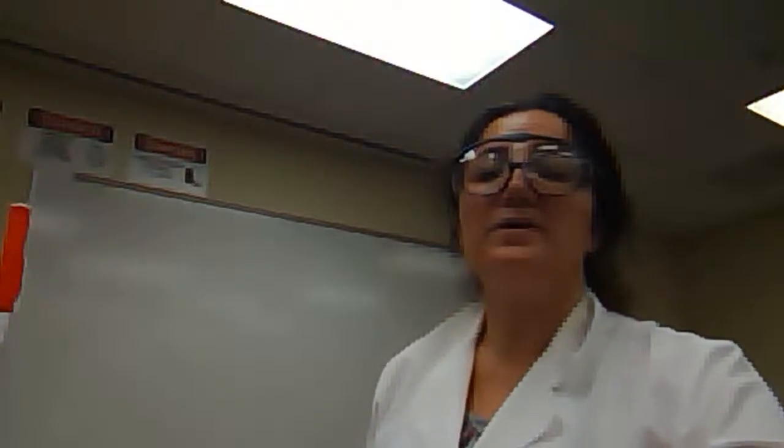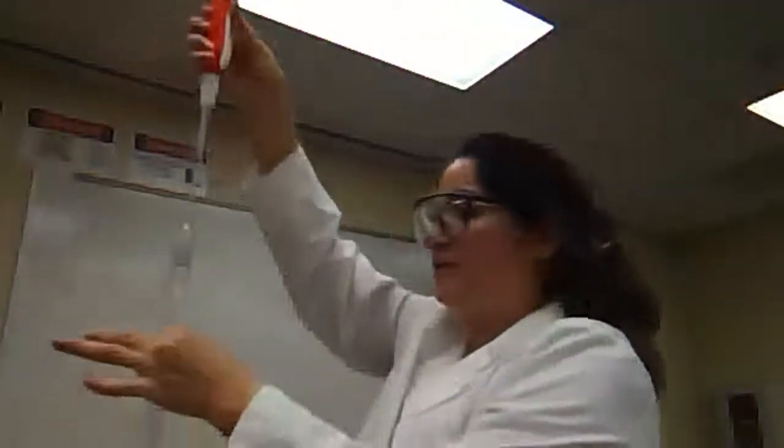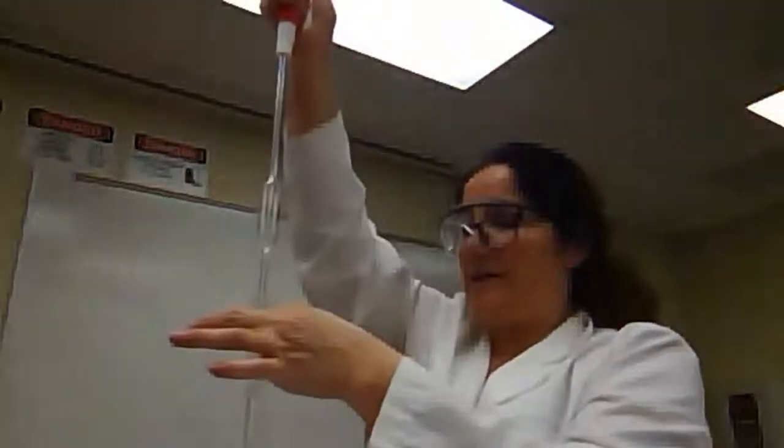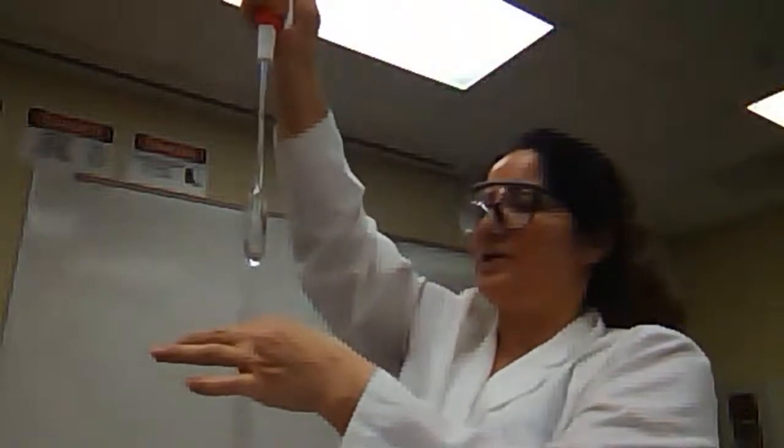Okay, we take 25 milliliters of the 0.1, and that was solution 3, right? So volumetric flask 3 had the 0.1 molar solution.